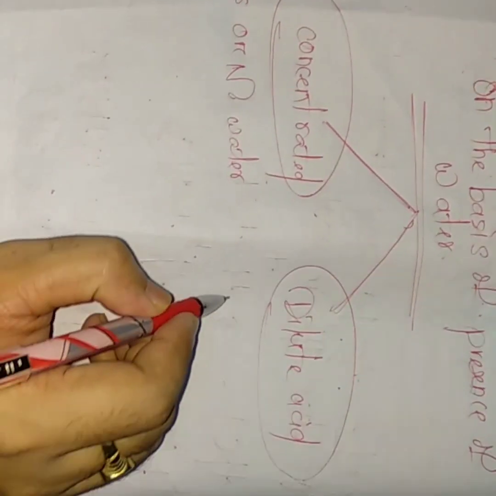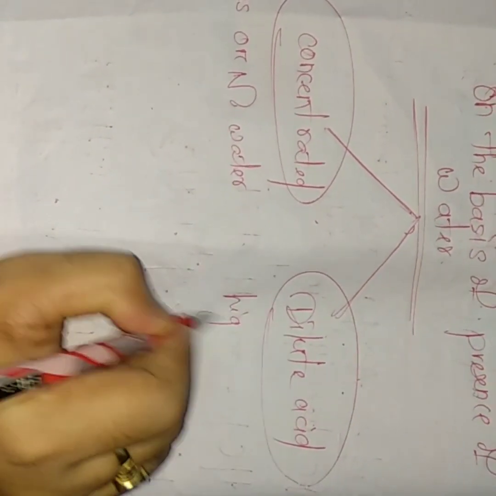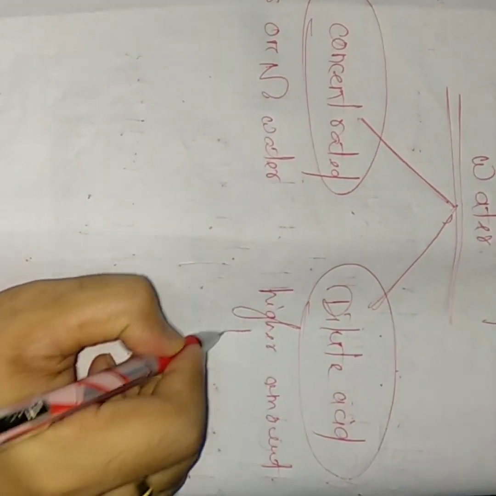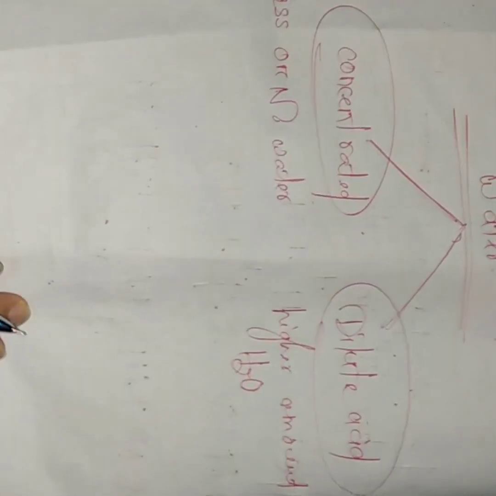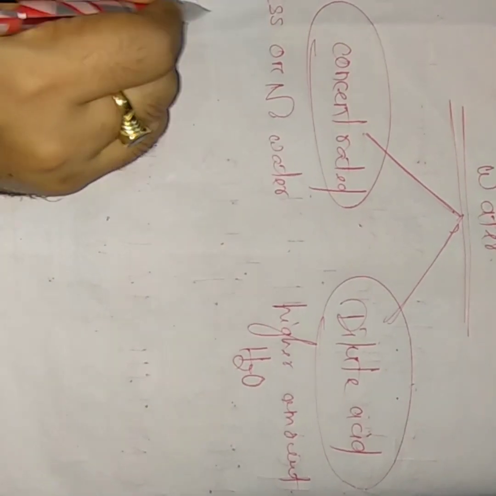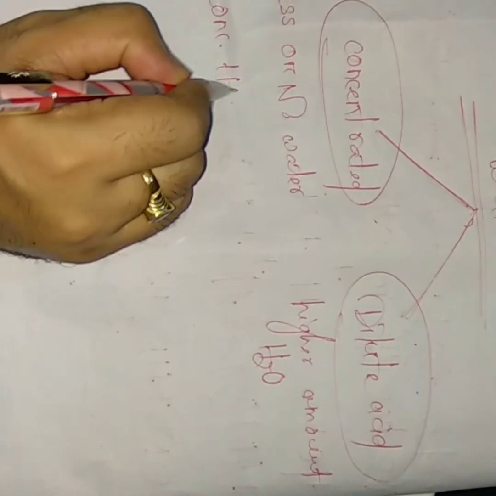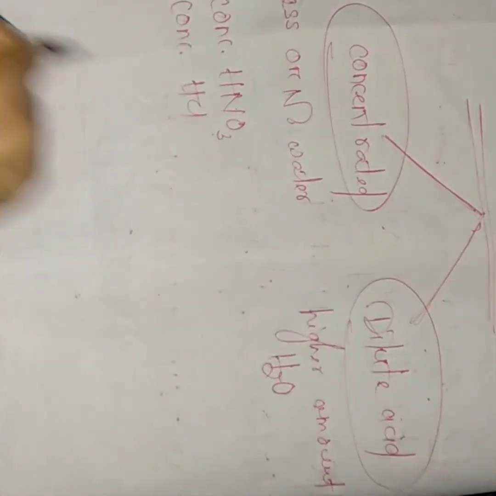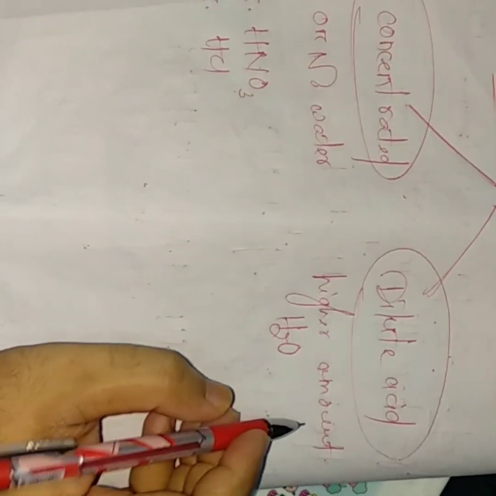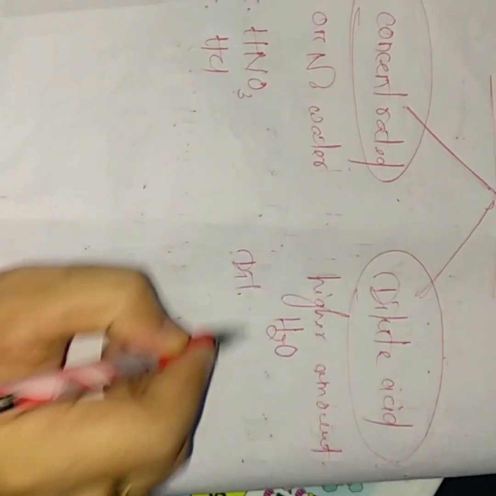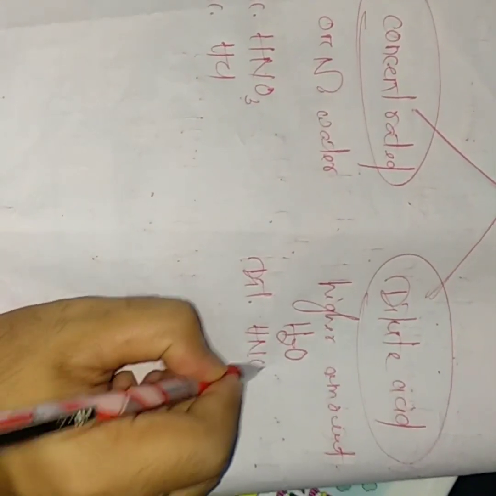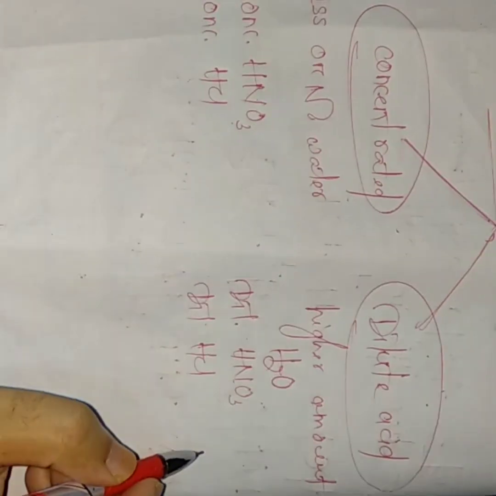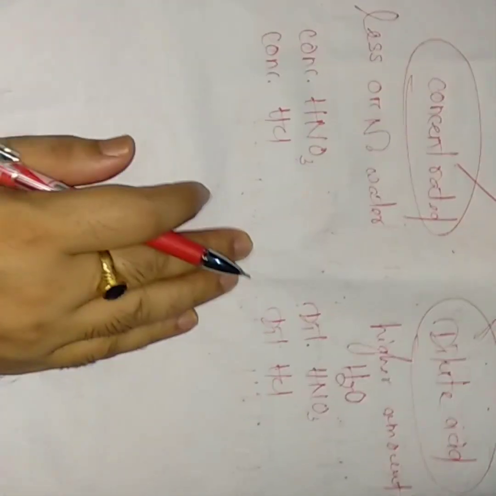And dilute acid is the acid that contains a higher amount of water. We can write it like this: concentrated nitric acid, concentrated hydrochloric acid. But to represent dilute acid, we write dilute nitric acid, dilute hydrochloric acid, like this. Got it?